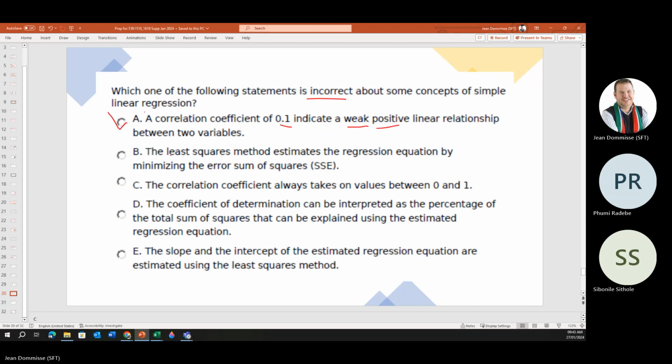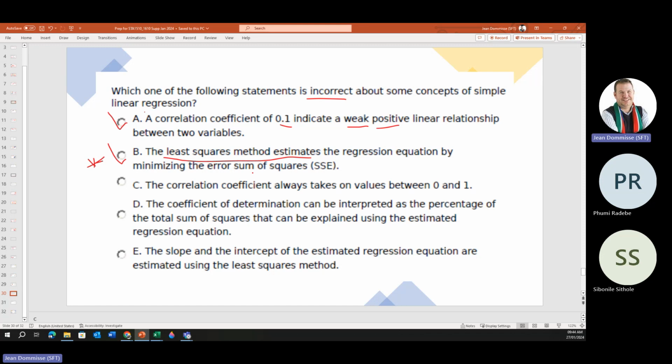B: The least square method estimates the regression equation by minimizing the error sum of squares, which is correct. This, you basically can look under least square methods.